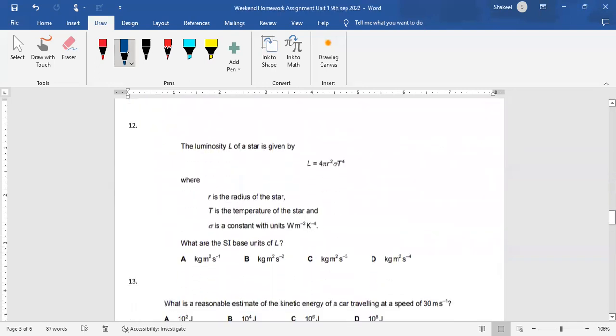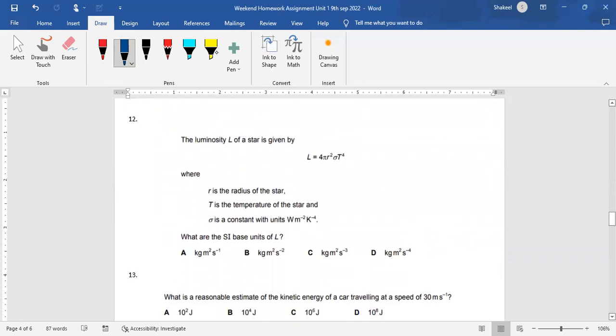Okay, number 12. Number 12 is again the same thing. An equation is given, and what you have to do is find the SI base unit for L, and every other thing is given. R is the radius, T is the temperature, alpha is the constant with a given unit. These are the given units for alpha. Just that 4 pi has got no unit, so cancel that.